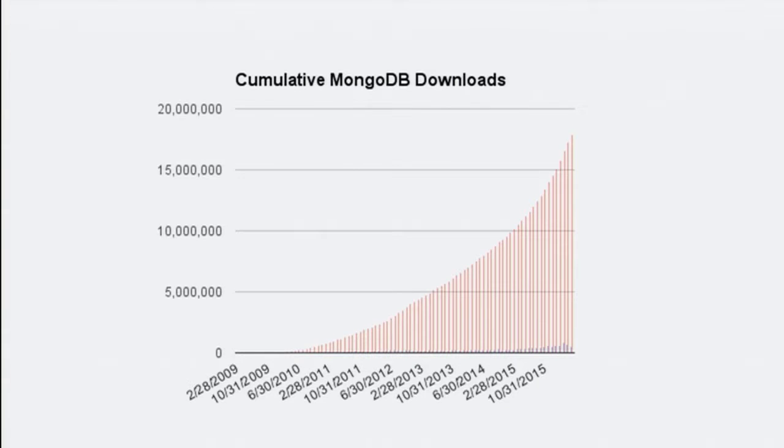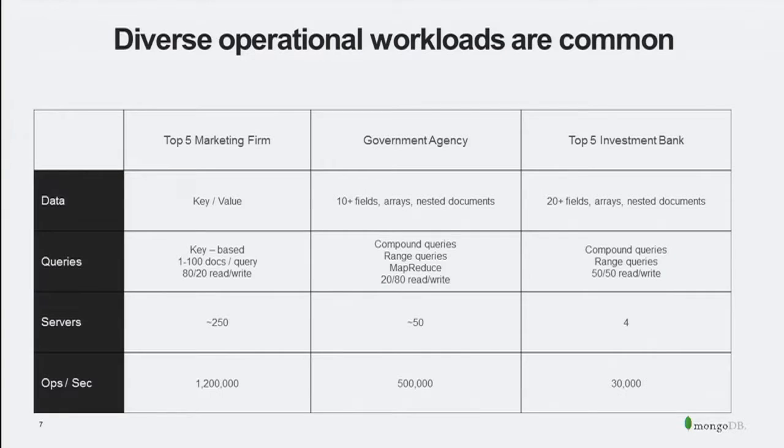That is mind-boggling to me because it's not Napster or some product like that. It's a database. And unlike something like Node.js or Docker, which has incredible download numbers, people don't think of their database as an ephemeral thing. They stand it up and use it for a while. So these numbers are very surprising, and they're very diverse workloads.